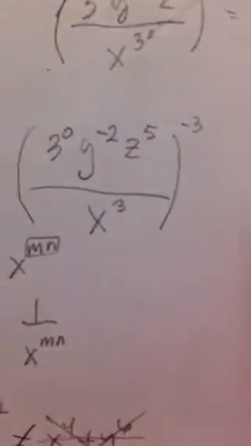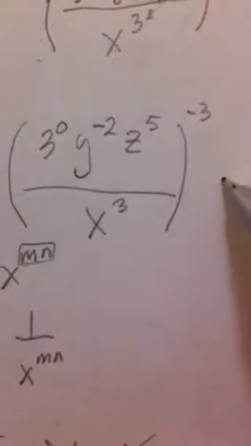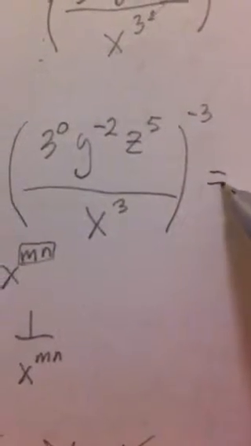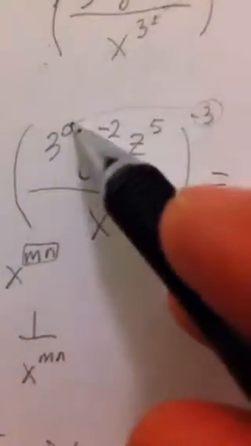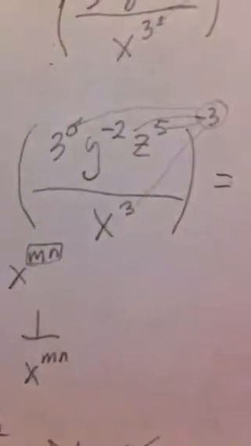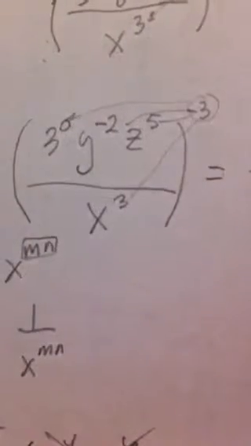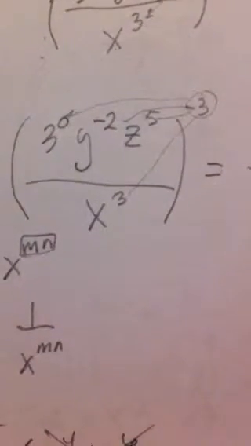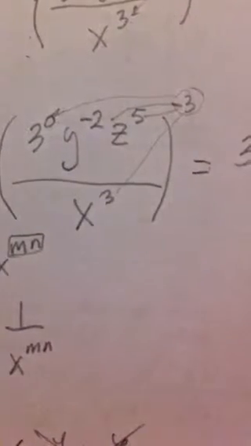So going back up to our original problem, to simplify this, we just take the exponent and multiply it by each exponent. Negative 3 times 0 is 0. And for y, negative 3 times negative 2 is 6.